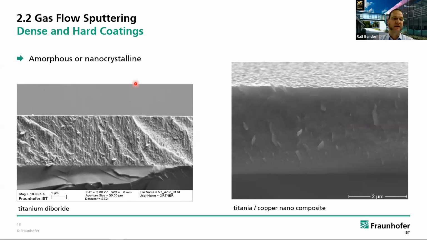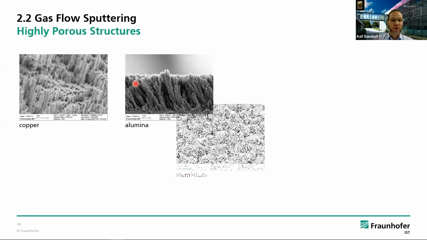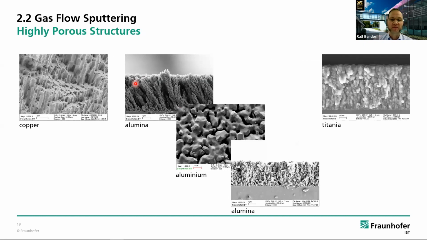So we can tailor the properties of the films, we can tailor the microstructure of the films, even going to really highly porous structures, for example for thermal barriers, or when you want to intercalate some materials, like for example considering aspects of batteries, where you want to allow for some expansion during a volume growth or volume modification in the films.